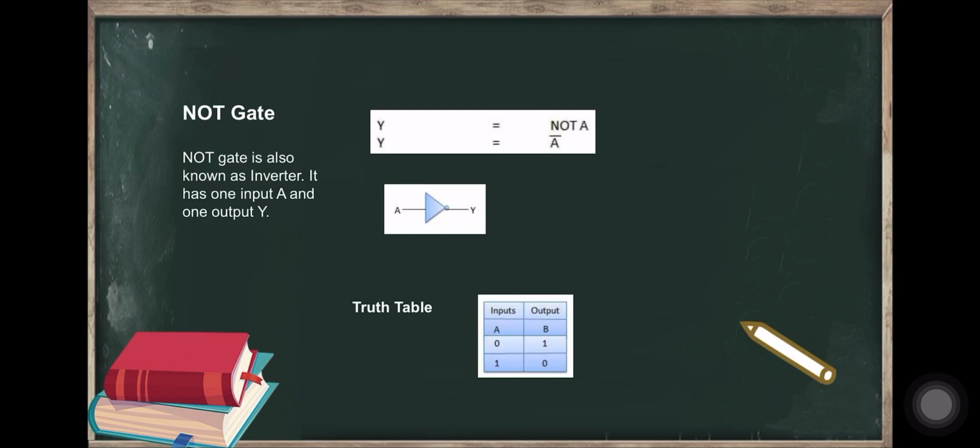Let's say when the input A is 0, the answer Y will be 1, because the input will be inverted. When input A is 1, the output will be 0, and so on.